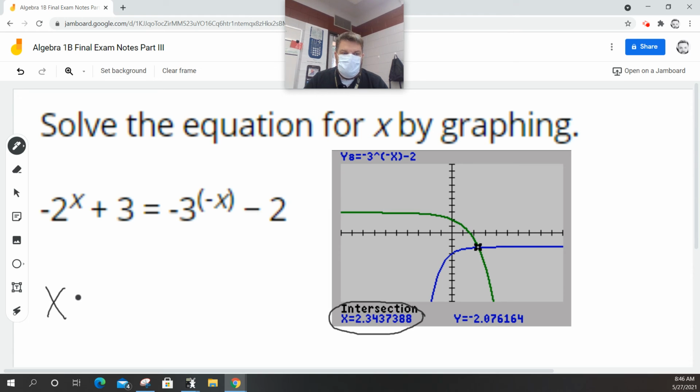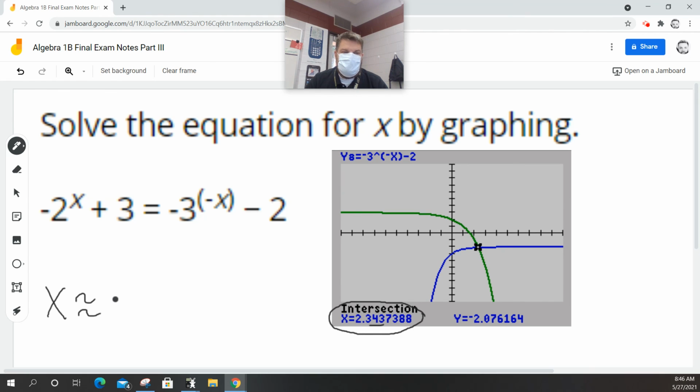Well, x is approximately, if I round that to 2 decimal places, actually, this says that if I were to round this, it'd say 2.34.